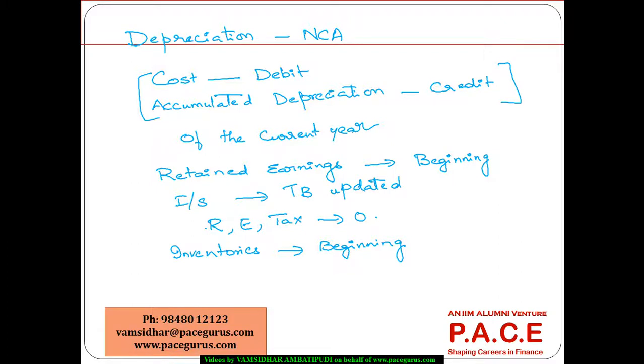So one thing to keep in mind is that the trial balance contains all the beginning-of-the-period numbers, and whatever expenses or revenues correspond to the current period would be adjusted to come out with the end-of-the-period figures.